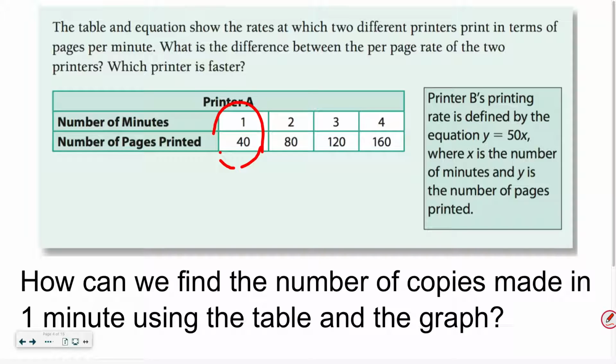So using this equation, y equals 50x, how do we think we could find the number of copies made in 1 minute using that equation? Who remembers where we find the unit rate in an equation?